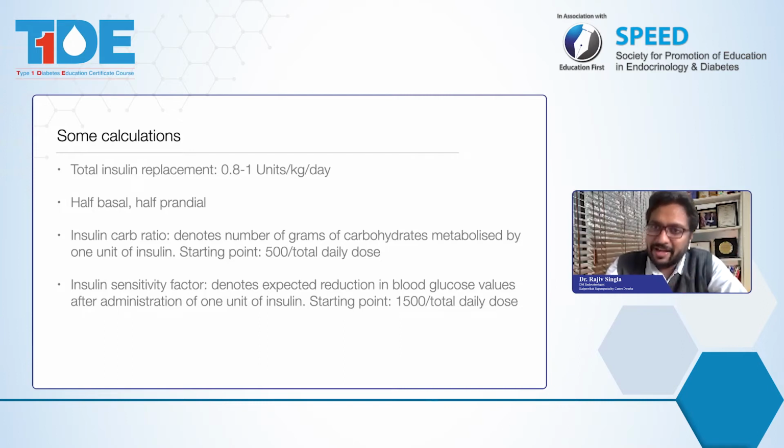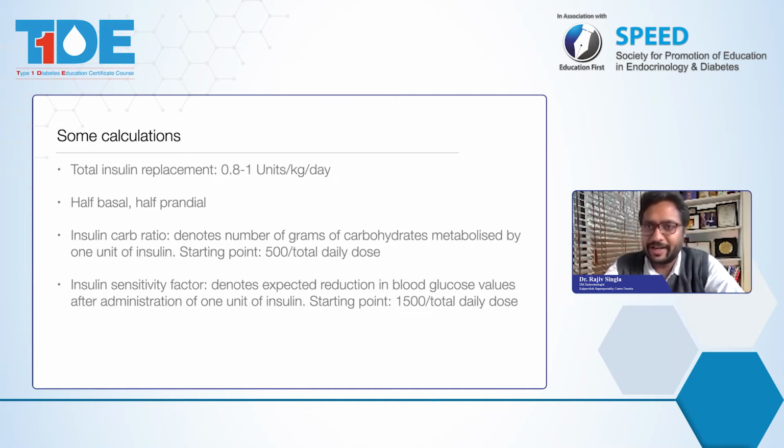In anybody, we can start with a very basic formula called the 500 rule. We divide 500 by the total daily dose. If you're not sure what my total daily dose looks like, say the total daily dose that I'm currently taking is around 0.1 unit per kg per day.